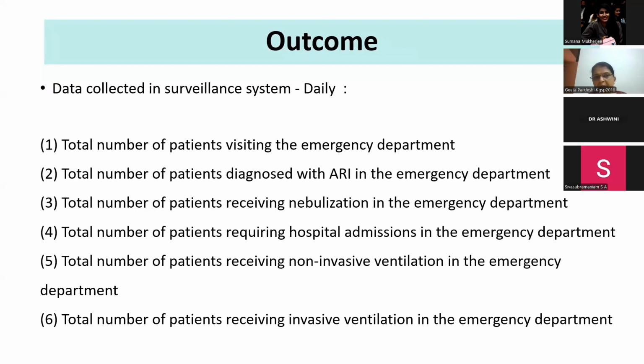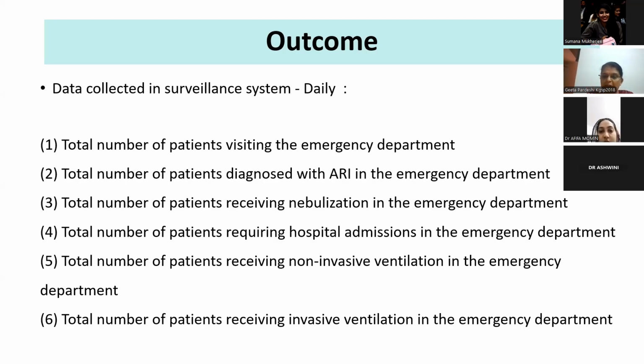Now, when we look at the data, there are some specific headings under which acute respiratory illness is reported. It is in terms of the daily total number of patients visiting the emergency department in these three specialities, the total number of patients diagnosed with ARI in the emergency department, the total number of patients receiving nebulization, requiring hospital admissions, requiring non-invasive ventilation, and there is a sixth one, requiring invasive ventilation in the emergency department.